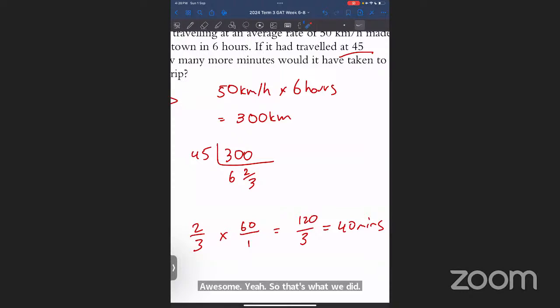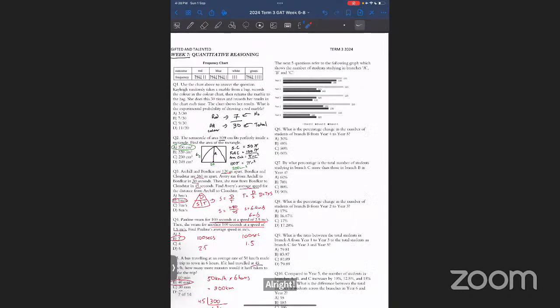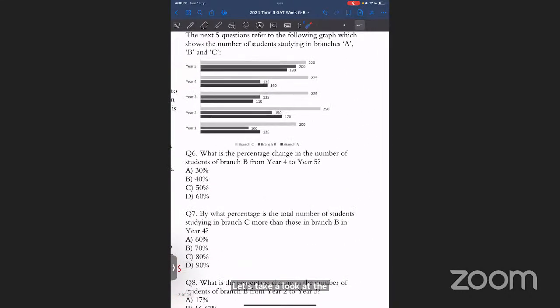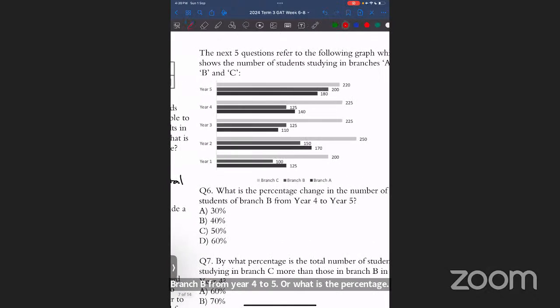All right. Let's take a look at the next few questions. What is the percentage change in the number of students in branch B from year 4 to 5? So in year 4 in branch B, we have 125 students. And then in year 5, we have 200 students.